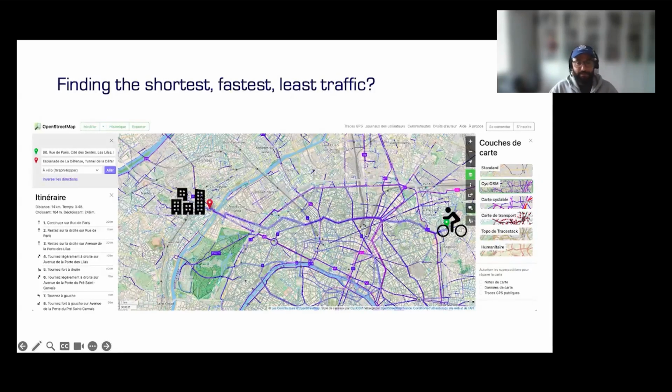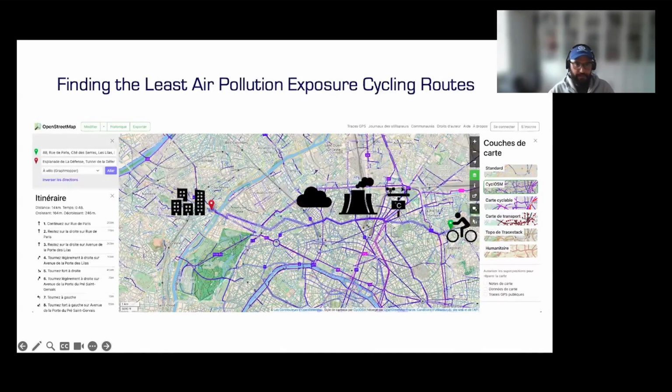Additionally, I want to avoid traffic, like in any urban or big city. There is a lot of traffic on my way to the office, and ultimately, by cycling, I want to stay healthy and I want to avoid all the pollution exposure along my road.